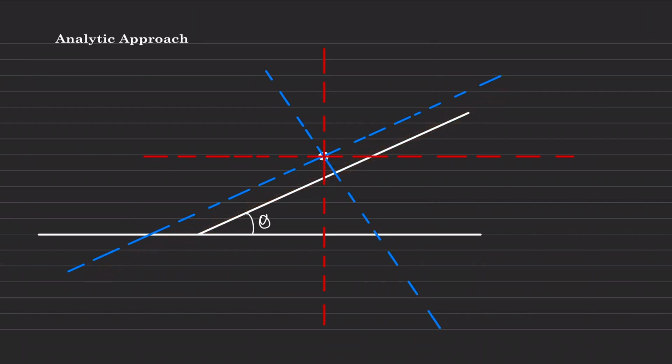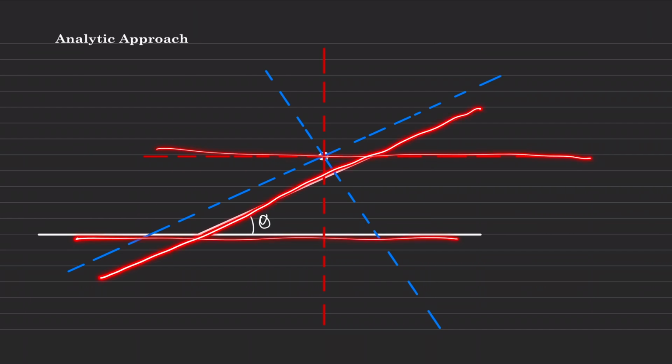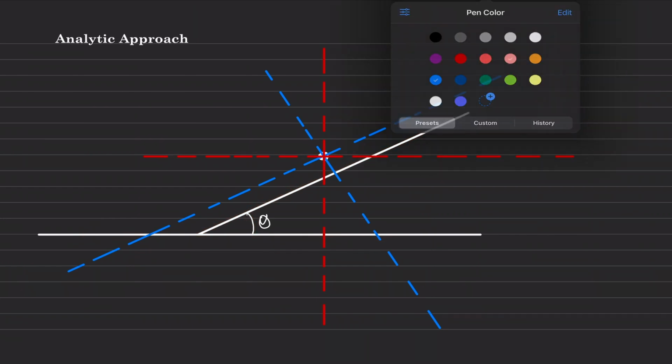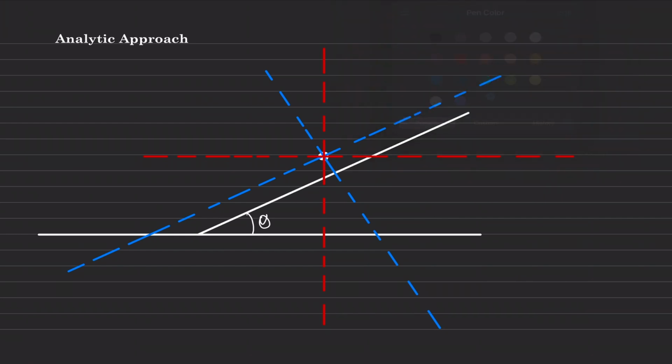Now, notice we have two parallel lines, and they are intersected by something. So what fact could we use? We could use this fact that since these two are parallel, and they're both intersected by this line, this angle theta must be equal to that angle there. So I am going to go ahead and put it in, and let's maybe use a different color. Let's try green.